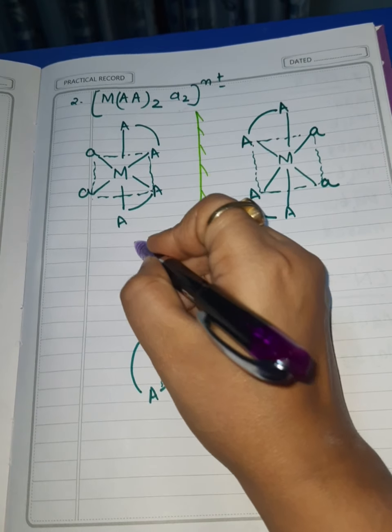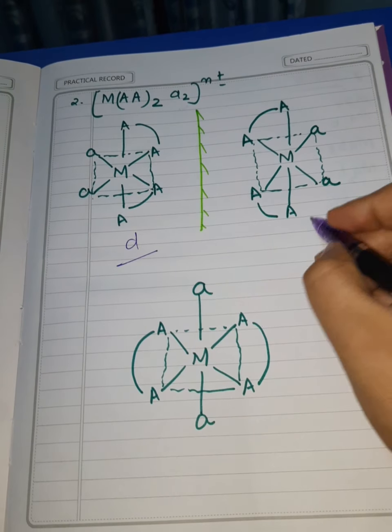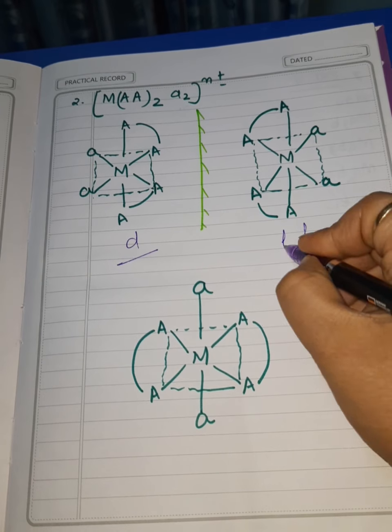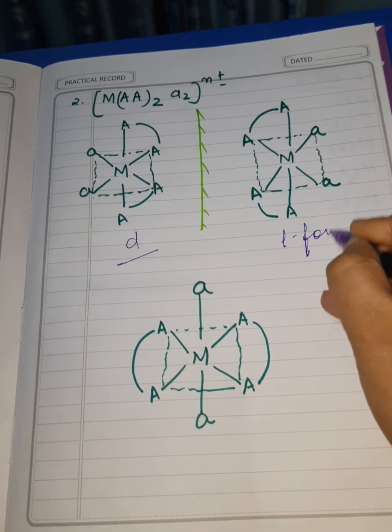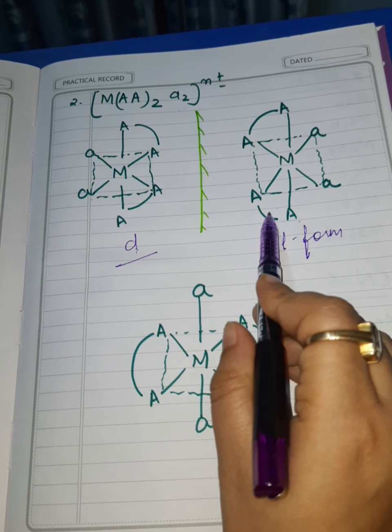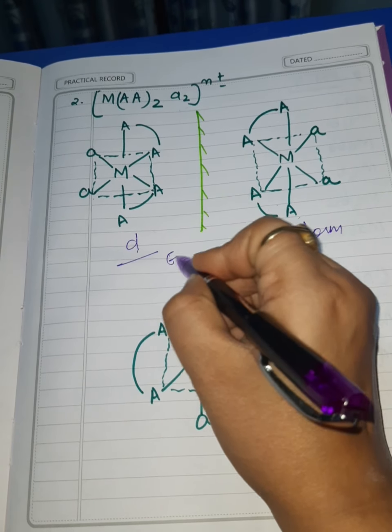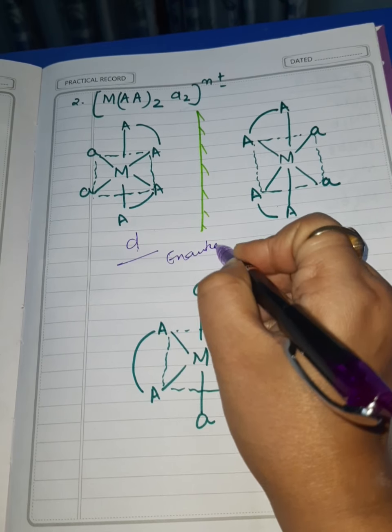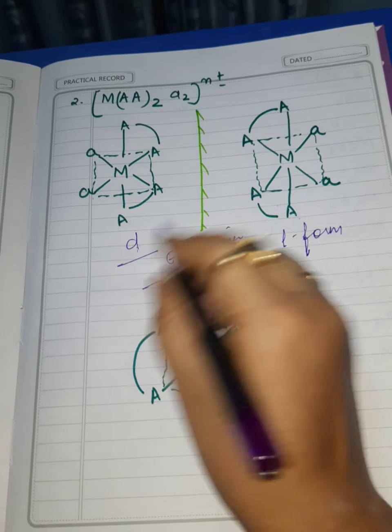Now this is the D form of the complex and this is the L form of the complex. Both are non-superimposable mirror images of each other, so they are enantiomers of each other. Alright, and both are optically active.